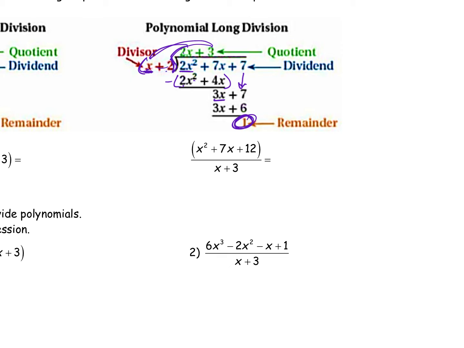It factors to x plus 4 and x plus 3, all over x plus 3. Everyone okay with the factoring part? So it's just x plus 4 then, because there's an x plus 3 on the bottom and an x plus 3 on the top, so I get x plus 4.